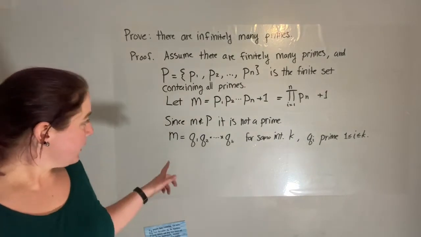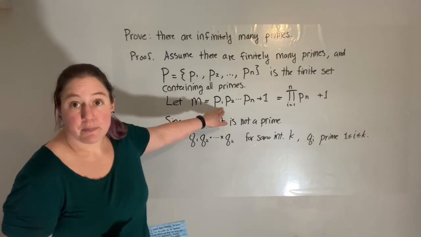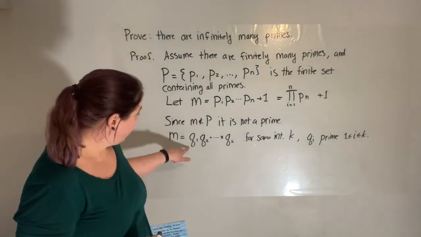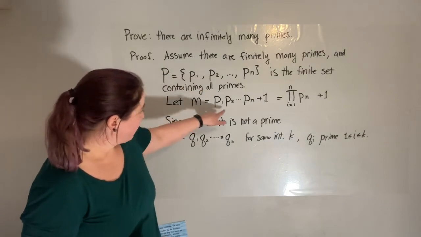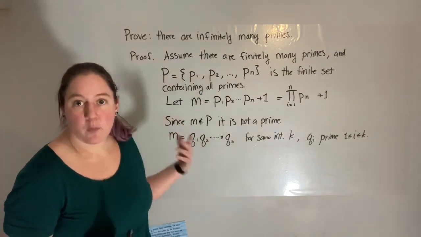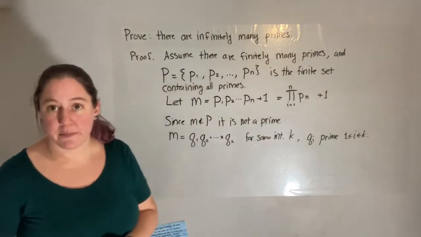So none of these primes are in this set, because if one of these primes were in this set, then when we divided M by that prime, we would get a remainder of 1, just because of the way that M is constructed.